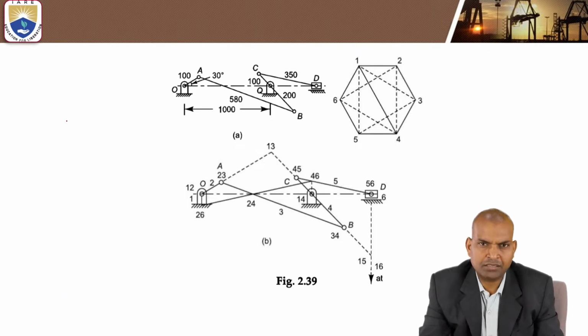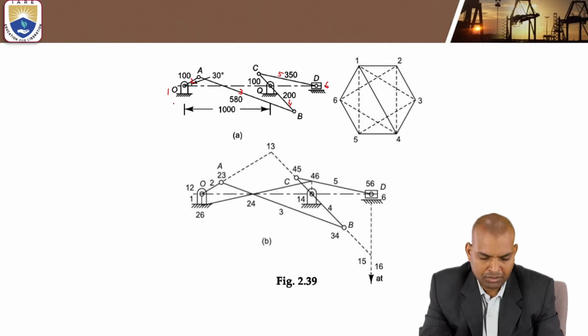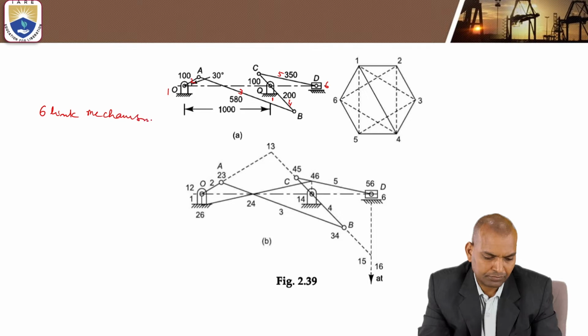In this mechanism, the links are link 1, link 2, 3, 4, 5, 6. This is also the fixed link 1. It is a 6 link mechanism. The number of links, small n, equals 6.